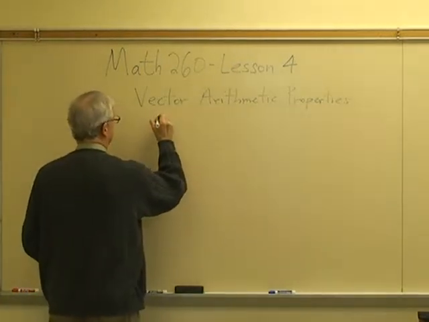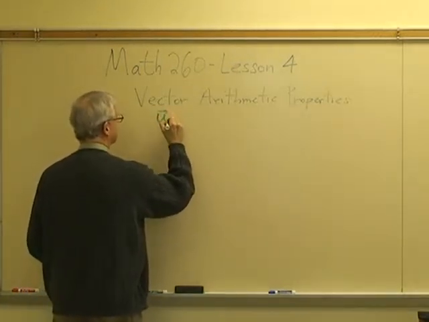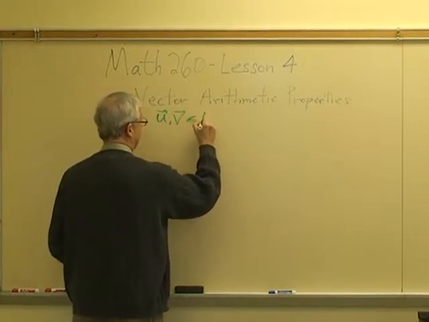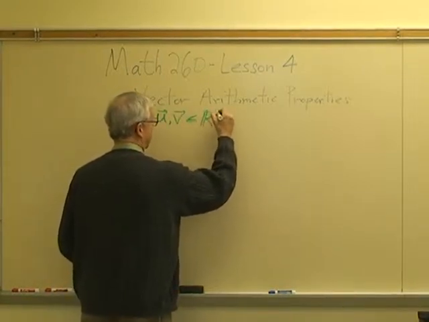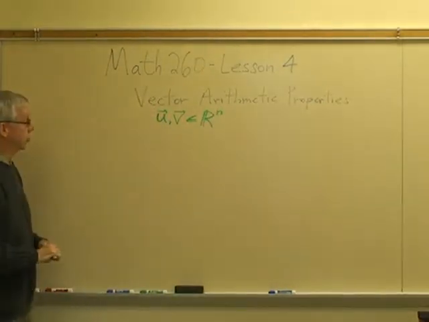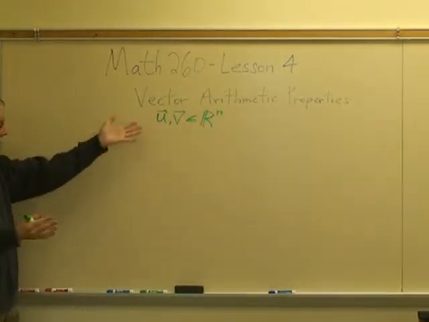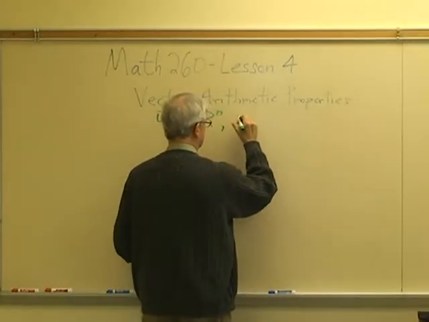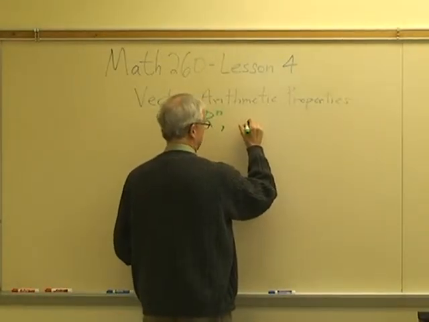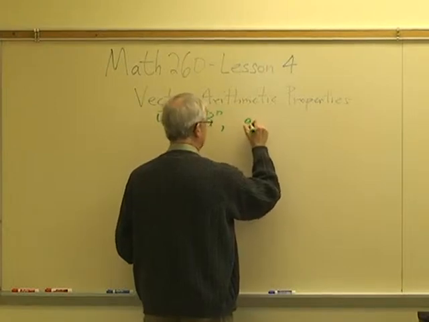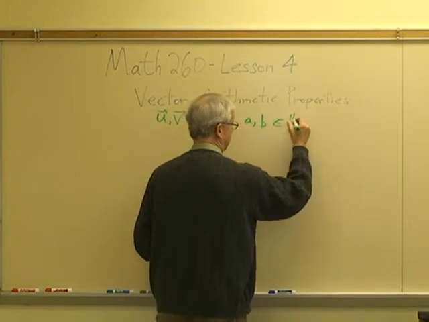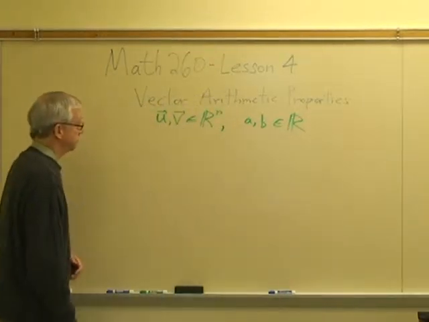So let's assume that u and v are two vectors that live in the same dimension space, n-dimensional space. And you can think for now that that's 3 dimensions or 2 dimensions. And then I want a couple of real constants. We'll call them a and b, just real numbers, the numbers we're used to working with.